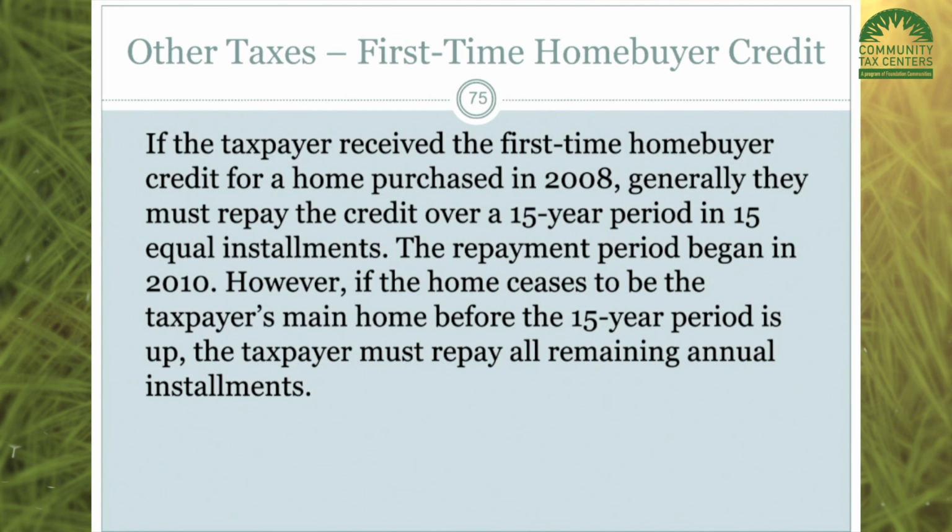So we talked about the sale of a main home. If they got their home in 2008 and they got this first-time home buyer credit, then those remaining payments, all of it would be listed on their other taxes. If a person doesn't know, typically they bring in their prior tax return, or we can look up what is their annual installment on the IRS.gov, and we type in the search bar, first-time home buyer credit. If it is a taxpayer and spouse, they actually split up the credit.